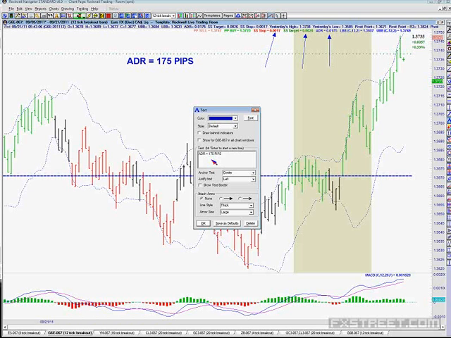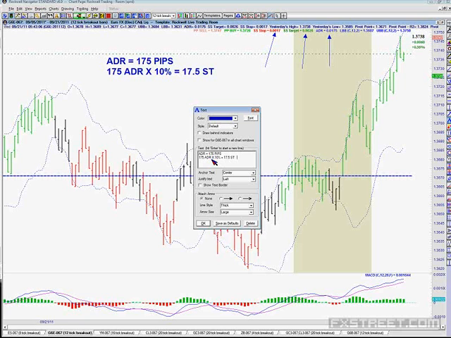So based on the average daily range, if we're looking at a 175 pip range, ADR, times 10%, this would be 17.5.